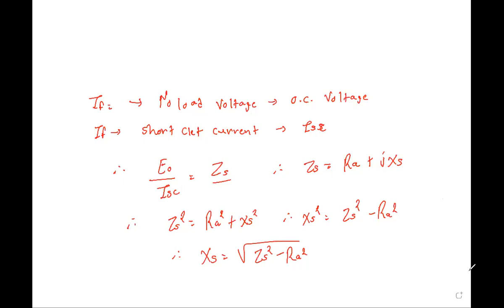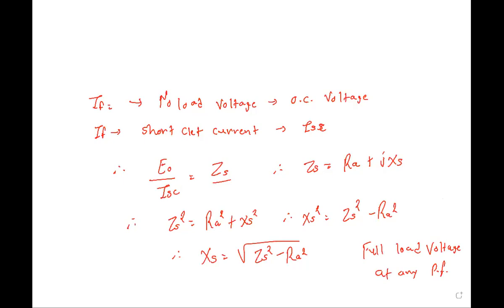From that we can easily draw the vector diagram or phasor diagram, and from the phasor diagram we can easily find the full load voltage at any power factor. It's your choice. You can select any load, either inductive, capacitive or resistive.